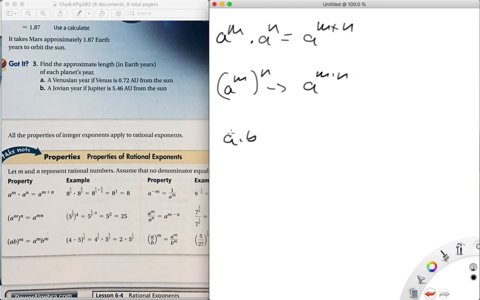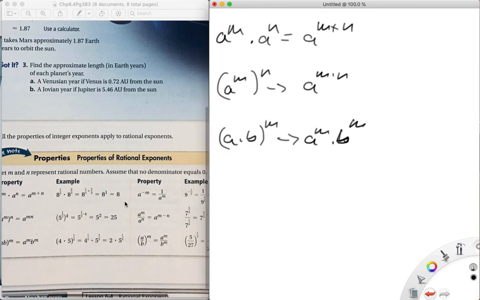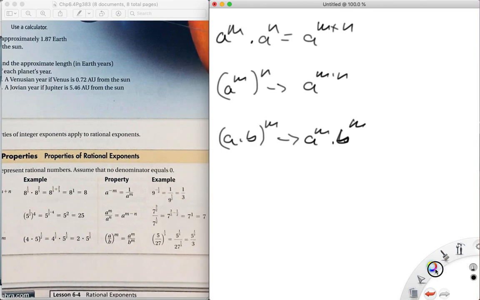a times b raised to the m is the same thing as saying a to the m times b to the m. Again, applies to fractions too. We talked about raising something to a negative exponent. a to the negative m is equal to 1 over a to the m.